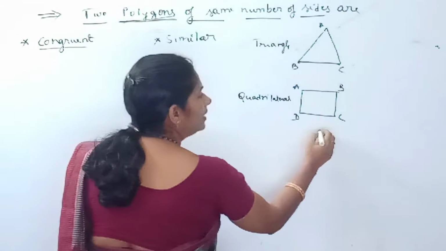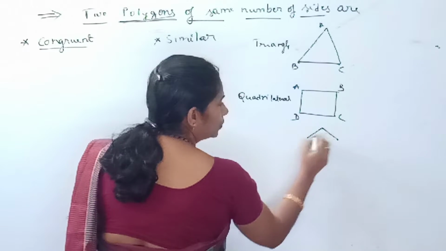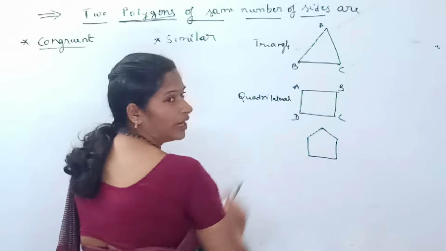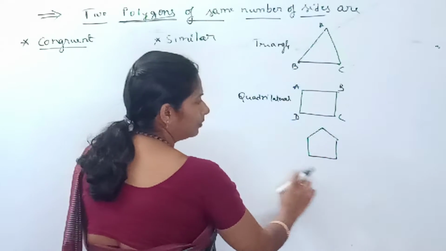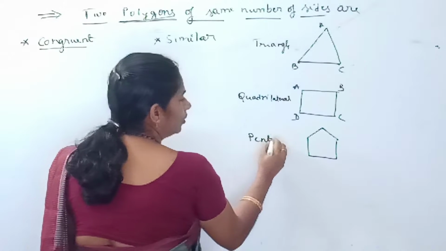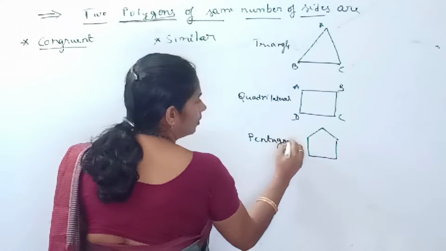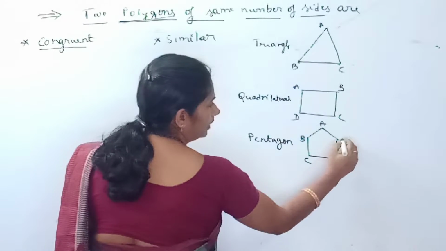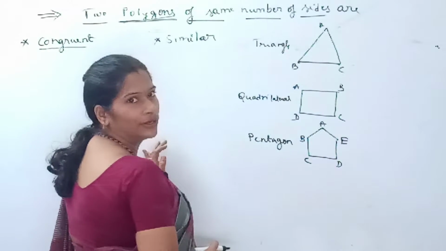If it has five sides, 1, 2, 3, 4 and 5, a polygon of five line segments is called a pentagon. Let me name that one. ABCDE is called a pentagon.